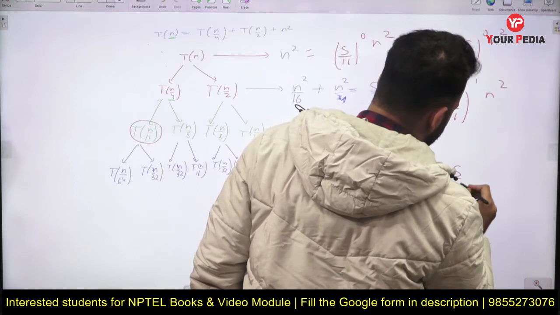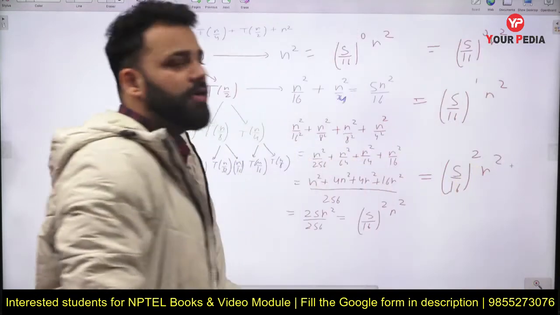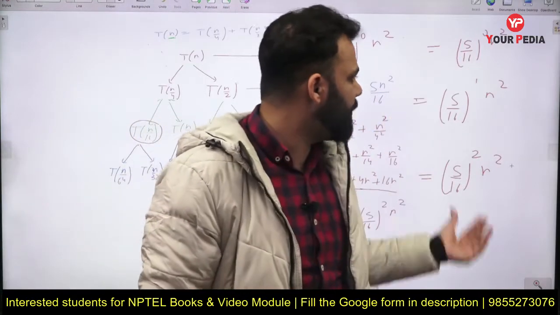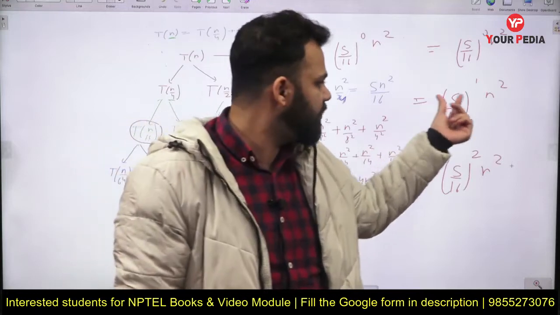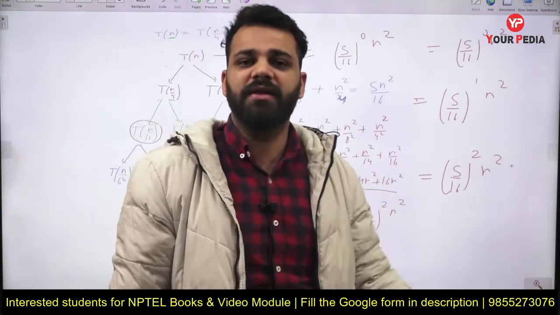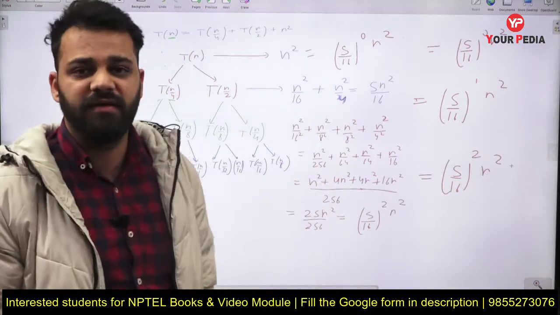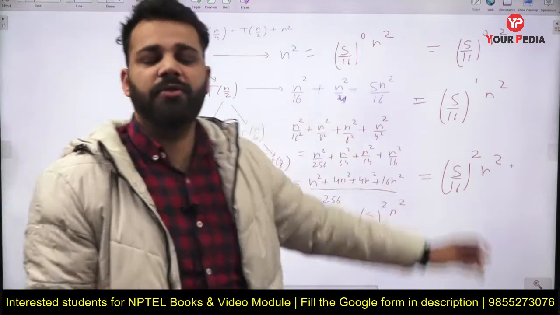On the third level, the remainder is 5 by 16 raised to power 2 n square. So if you can see the pattern here, 5 by 16 raised to power 0, power 1, power 2, and so on. On the fourth level, the remainder will be 5 by 16 raised to power 3 n square. So these are the remainders on each level.